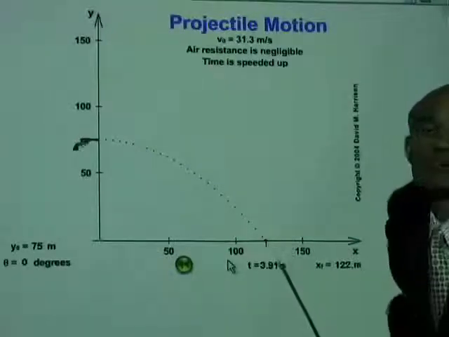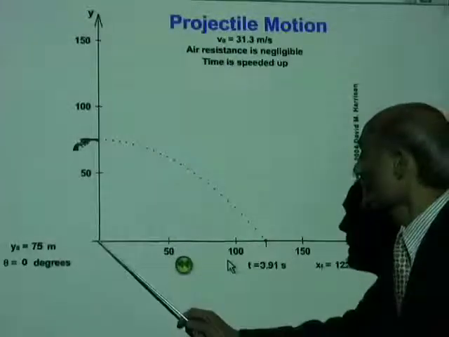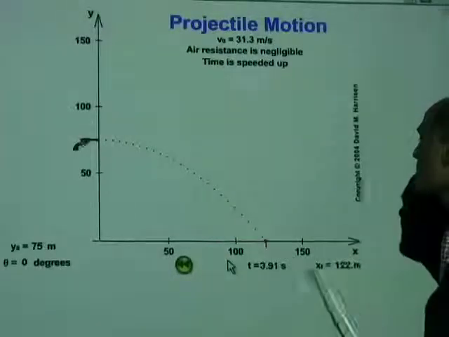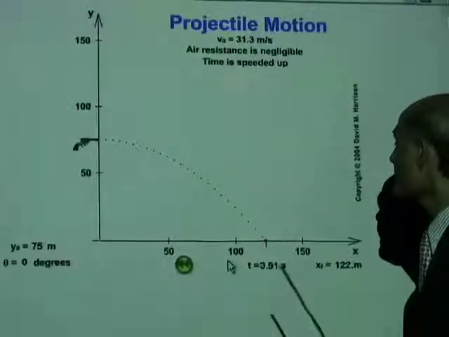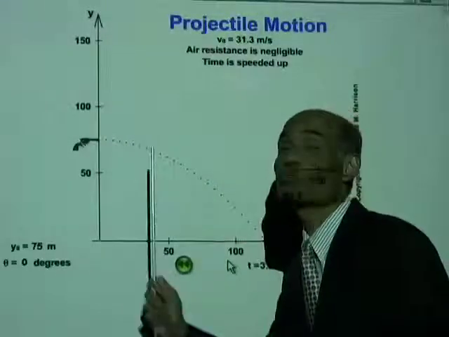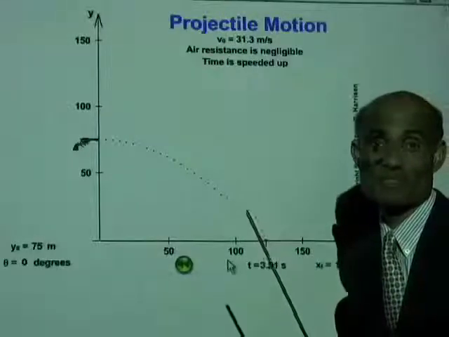Alright, let me ask you, I want you to answer this question. It traveled a horizontal distance 122 meter in 3.91 seconds. What is the velocity of projection? Did you get the answer?